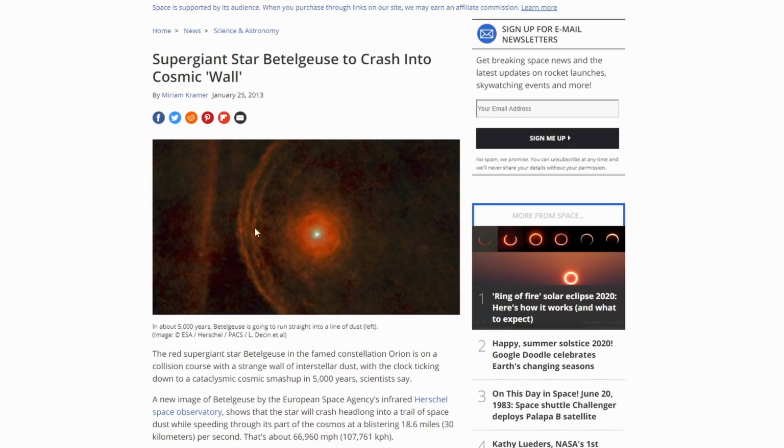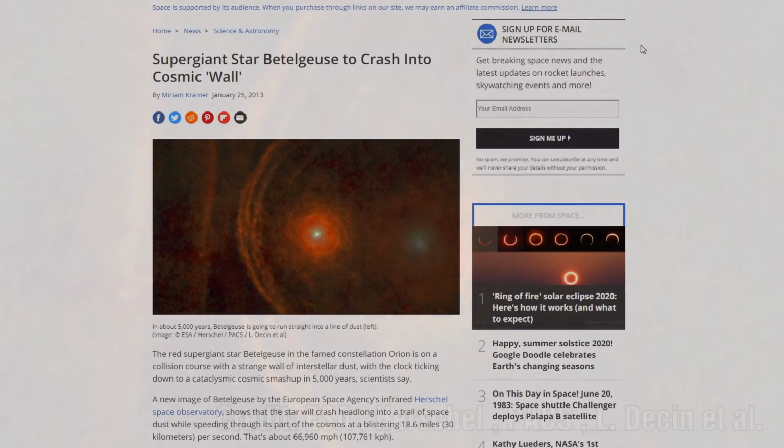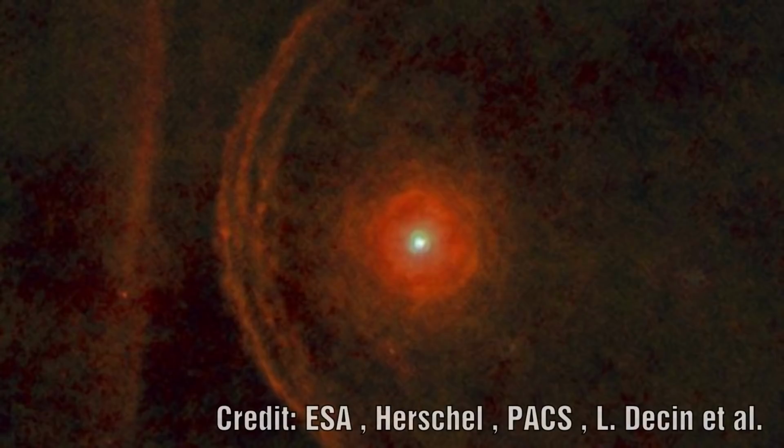They believe that when it does, this front will compress inwards, which will trigger, I'm guessing, the collapse of the star and the supernova. Right. Now, in the future, if that star obeys the same dynamics that a bubble does, we should see a jet from that star towards that wall.